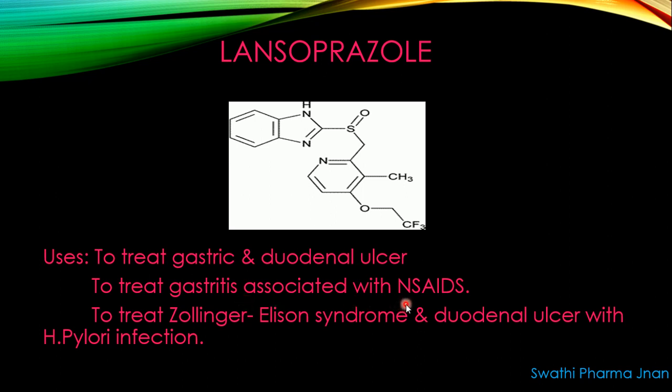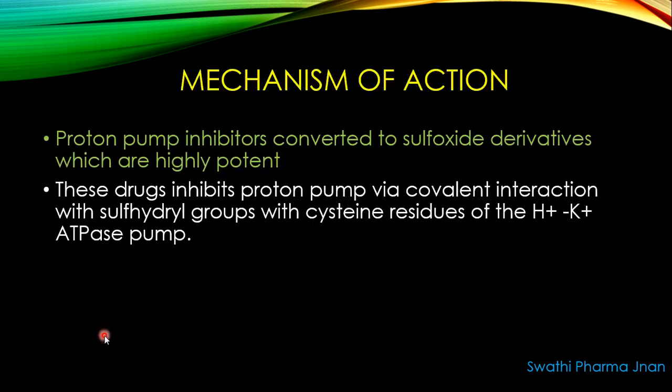That's why doctors, when giving NSAIDs, will give a combination of NSAIDs with proton pump inhibitors to reduce this gastritis. Next is to treat Zollinger-Ellison syndrome and duodenal ulcer associated with H. pylori infection. These are the four drugs related to gastric proton pump inhibitors.